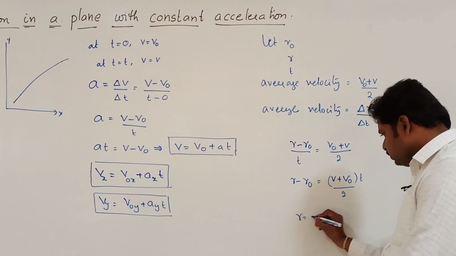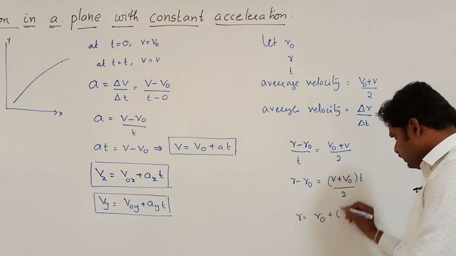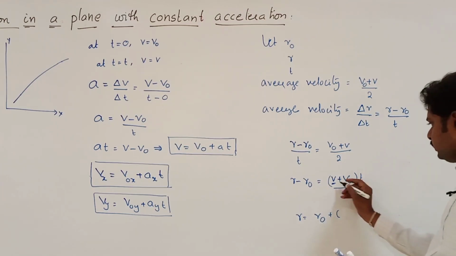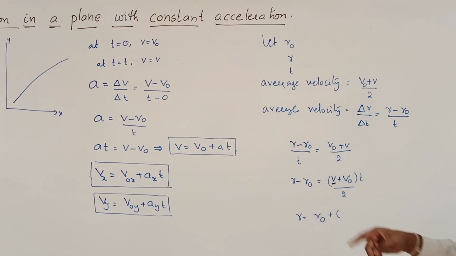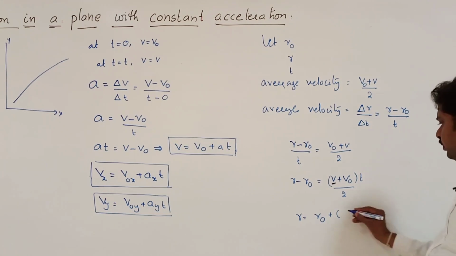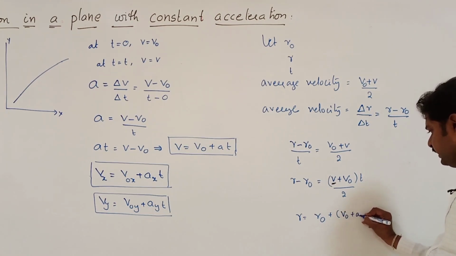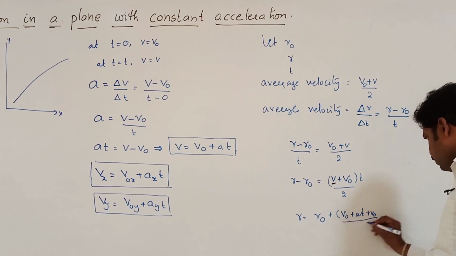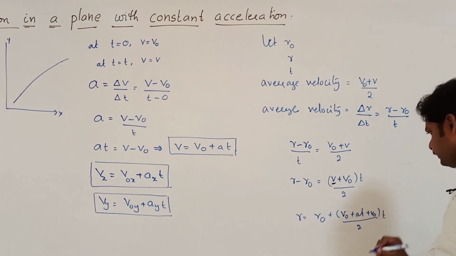So r is equal to r naught plus, substituting v as v naught plus at from the previous one, v naught plus at plus v naught by 2 into t.